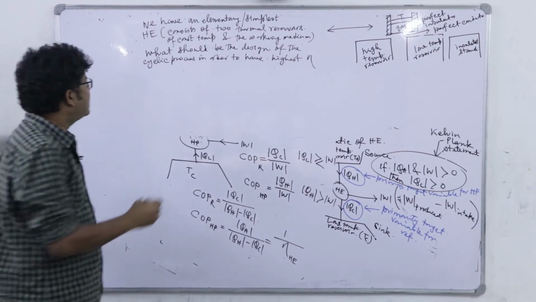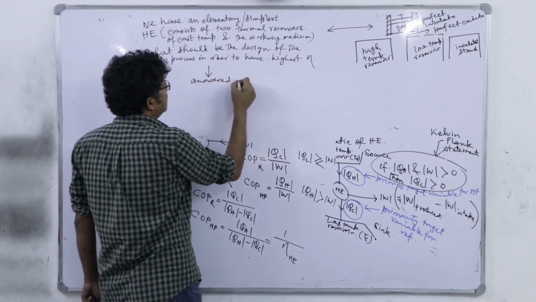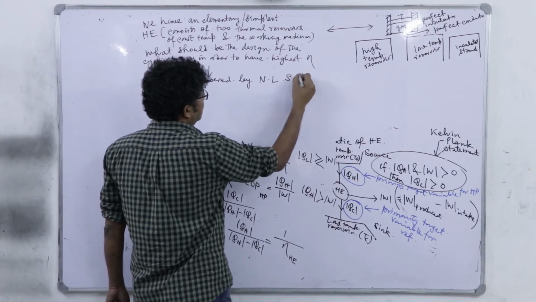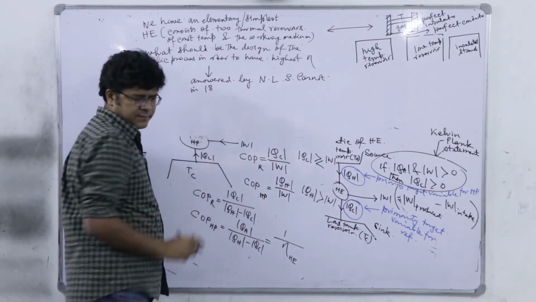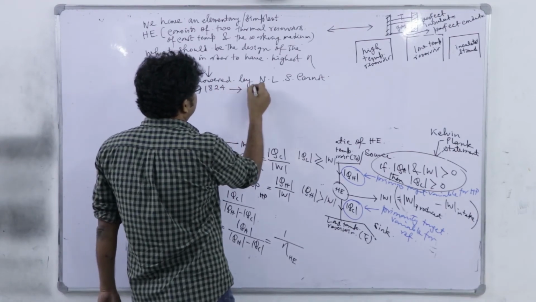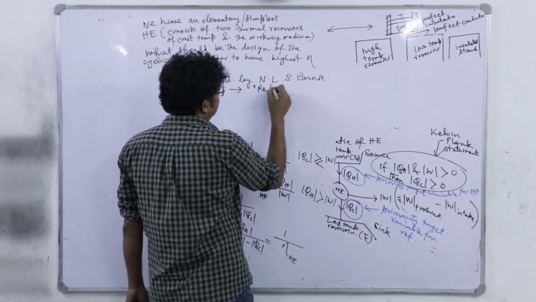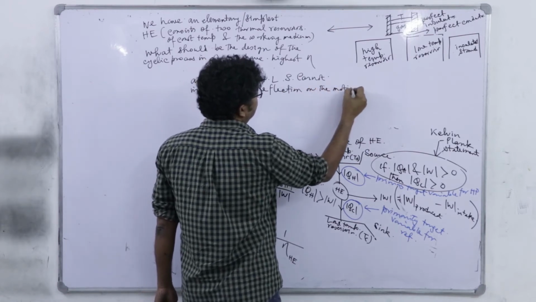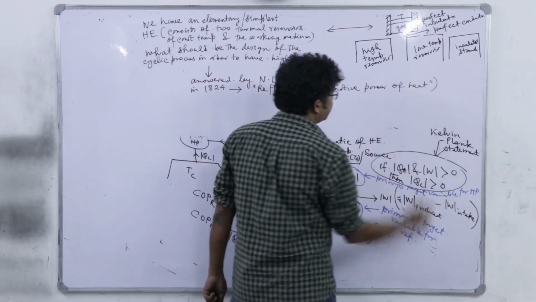And that was answered by Nicolas Leonard Sadi Carnot in 1824, something like that. Yes, 1824, and the title of the monograph was Reflections on the Motive Power of Heat.